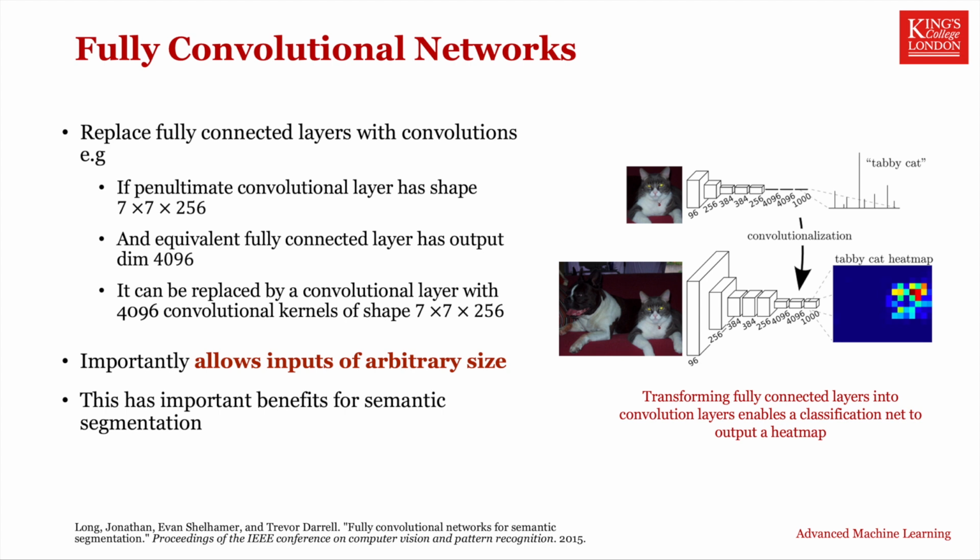So in this way, you're no longer constrained to have a particular input size, which turns out to have very important implications for semantic segmentation, as we will see next week.